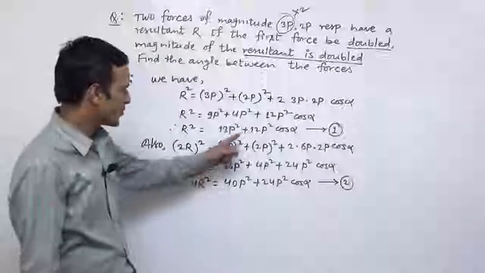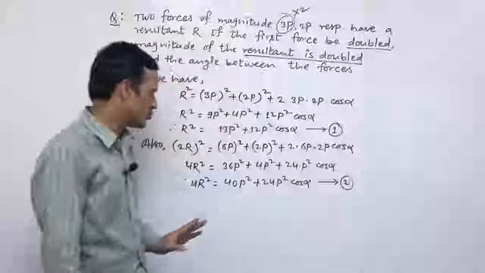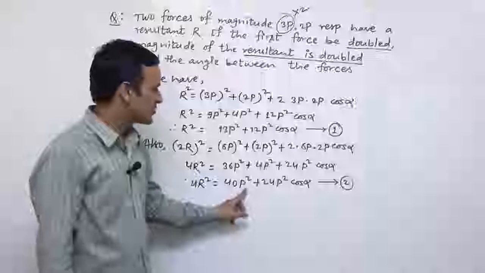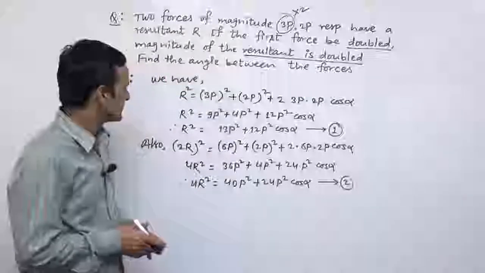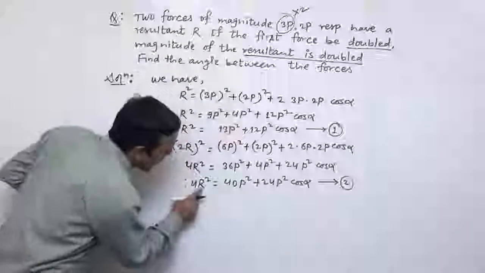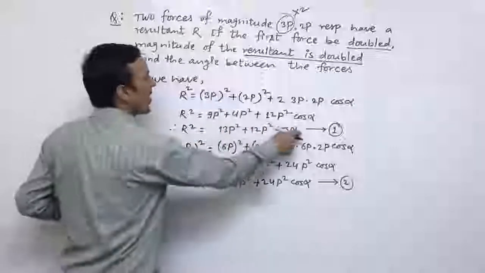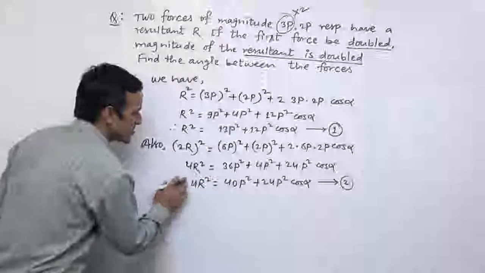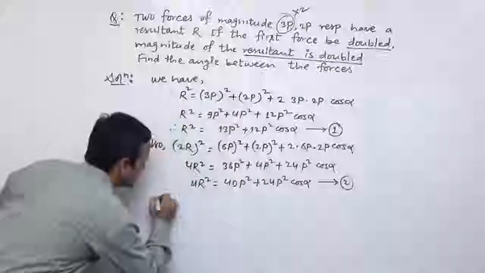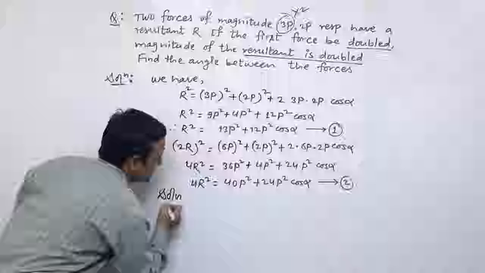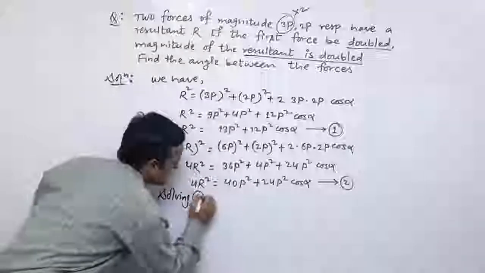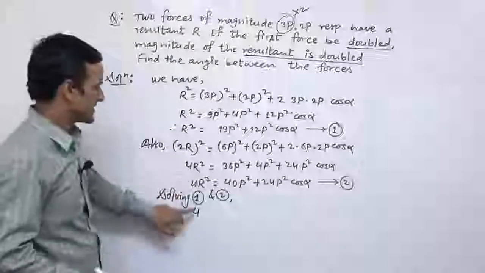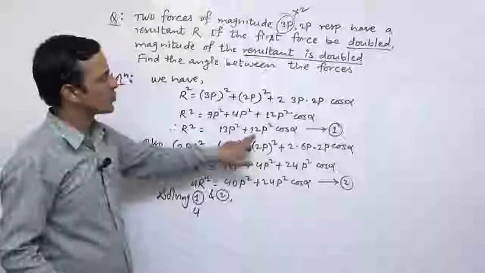So this one is equation 1 and this will be equation 2. Now we can solve this equation and this equation altogether. Now we can use the value of R square from equation 1 here. So solving 1 and 2, we get: 4 is the same, but R square is this one.